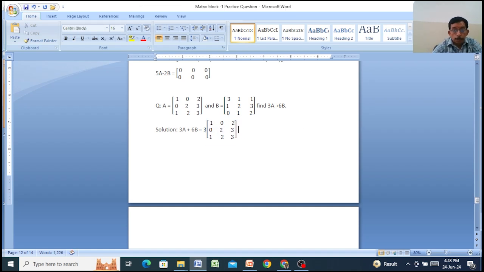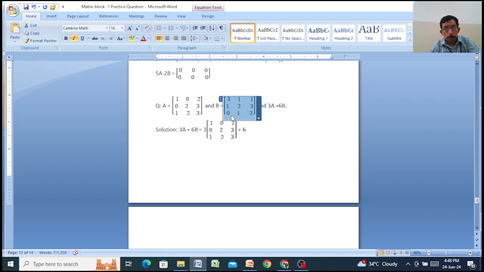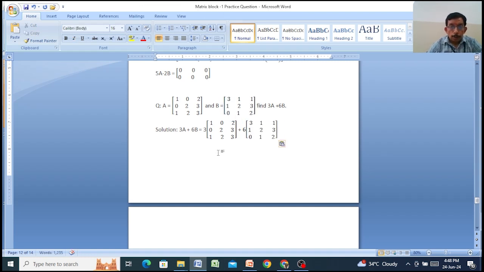Now 6B, put the value of matrix B. Simplify. First do the scalar multiplication of A and B by the scalar quantities 3 and 6 in the next step.